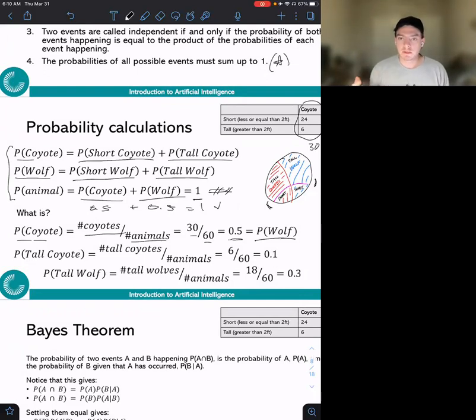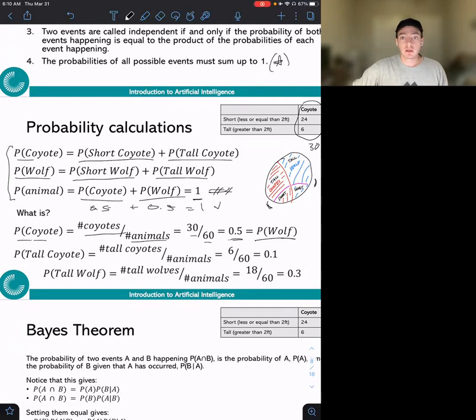Similarly, we can do a similar process for finding the probability of a specific event, the specific event of a tall coyote in our overall state space. So we will do the same sort of systematic application of counting the total number in the state space and then the specific class that we're interested in.